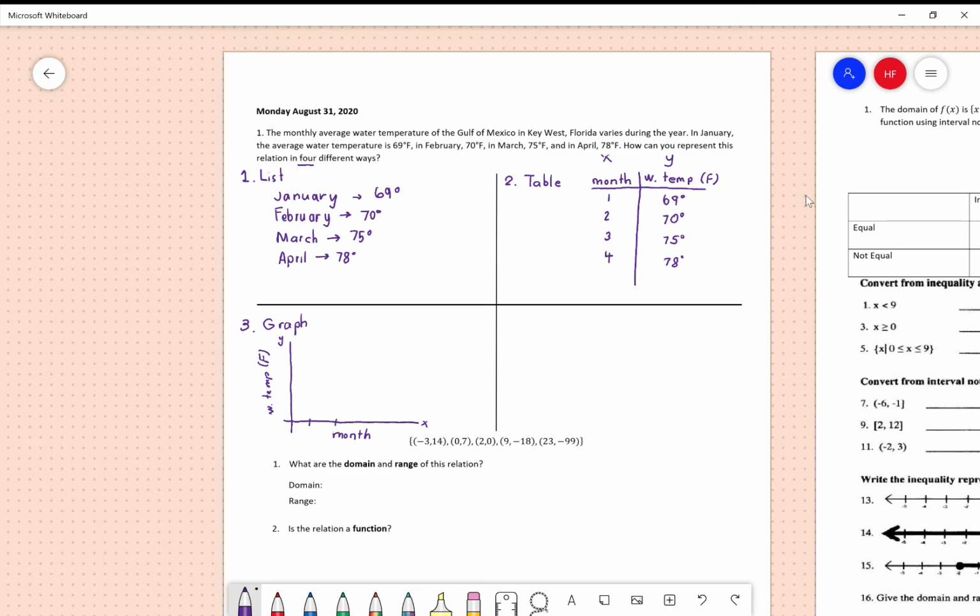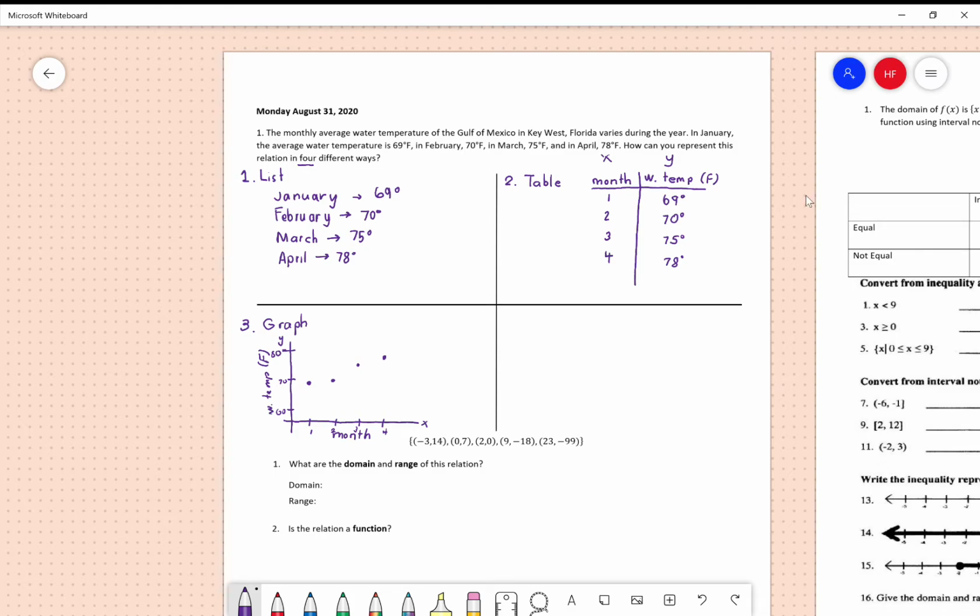We've got 1, 2, 3, and 4. And then we'll say that this is 60 and this is 80. So all of our numbers are going to be somewhere in between. For our first month, we're at 69. For our second month, we're at 70. Third month, we're at 75. And then fourth month, we are at 78. So we could make a graph to represent this relation.